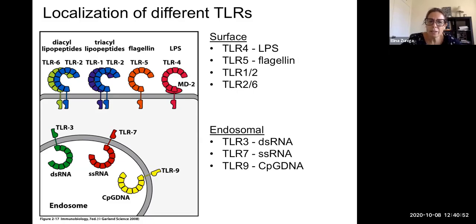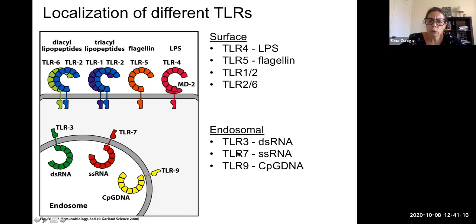So it makes sense that we have a receptor that will recognize this PAMP, the pathogen-associated molecular pattern, double-stranded RNA, because it is produced in any viral life cycle and is not produced in our cells.